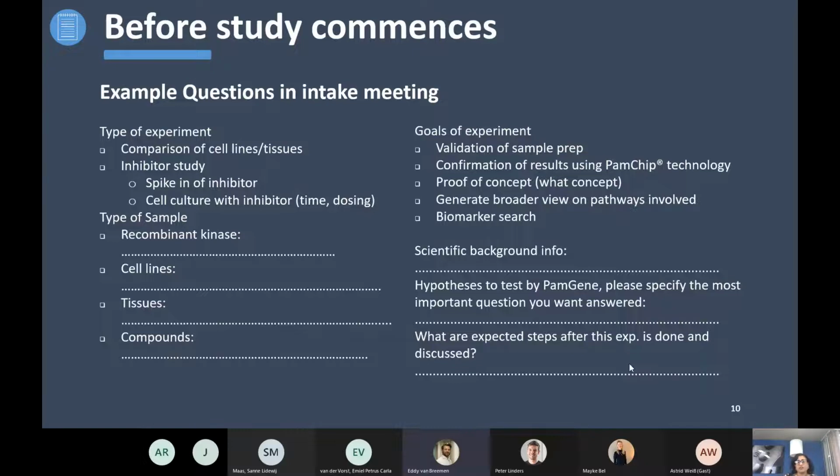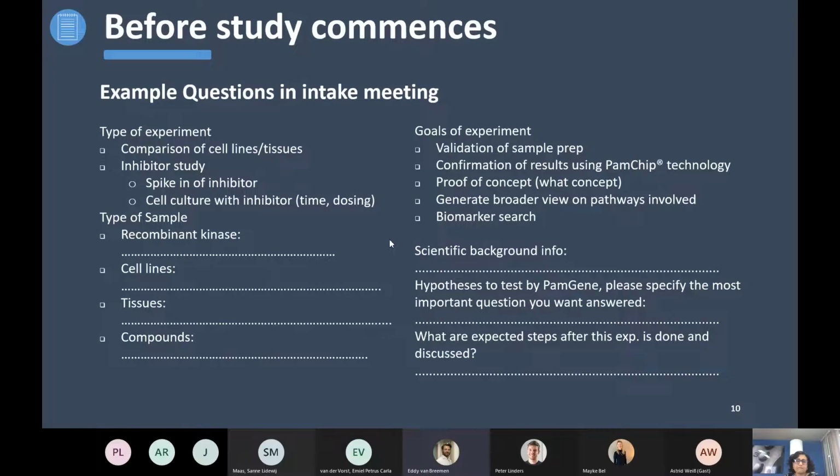And of course, the scientific background information about the cellular or animal model is important. We also added this at a later stage: to know what the expected steps are after this experiment is done, because initially we always give a list of the differentially phosphorylated phosphosites or differentially activated kinases. And how do we go from here to further biological interpretation?